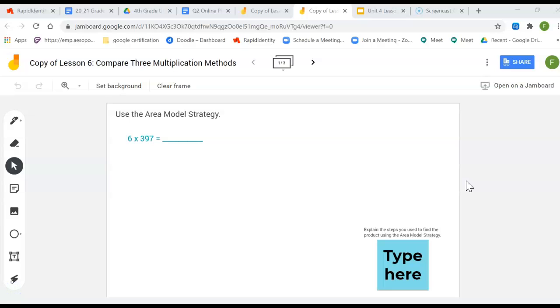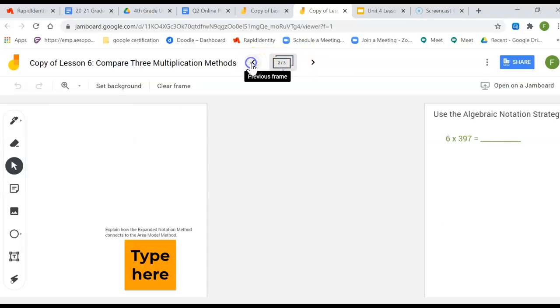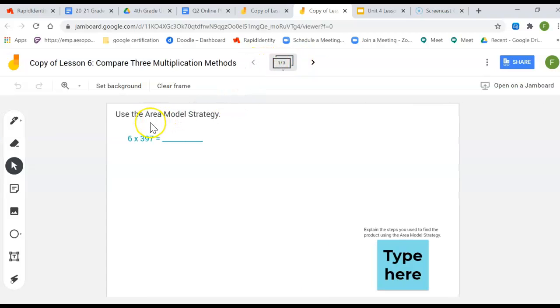So the Jamboard that you should be working on for independent work is this one. It looks like this, and there are 3 on here. The first one is asking you to use the area model strategy, and the problem is 6 times 397. And down here at the bottom it says explain the steps that you use to find a product using the area model strategy. So you type your answer in here.